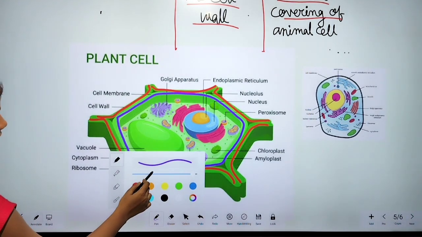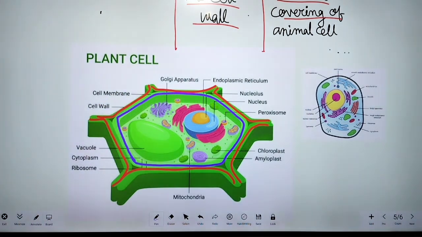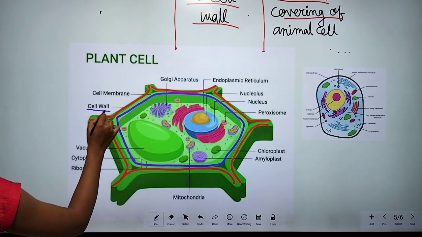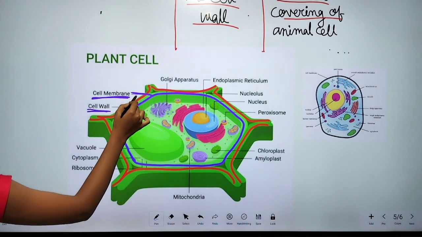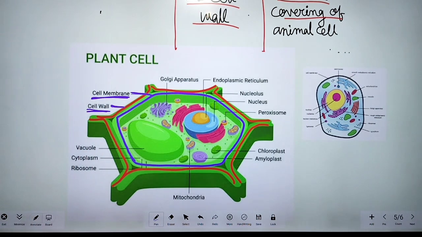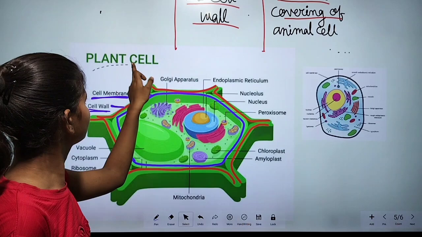It means in plant cell, cell membrane is present below the cell wall. This one is plasma membrane and this one is cell wall. Okay, and now this one is the figure of plant cell.